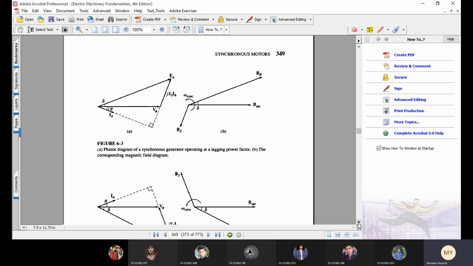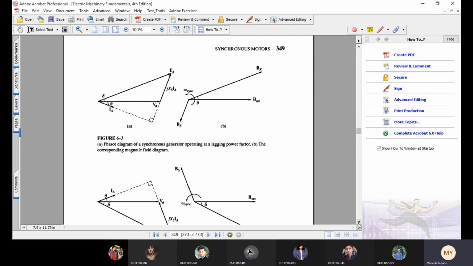Now coming to the second last topic of today's lecture, and this is the phasor diagrams of synchronous motors or synchronous generators as well, because here they have discussed both phasor diagrams for the synchronous motor and phasor diagrams for the synchronous generator. And what is the topic here?